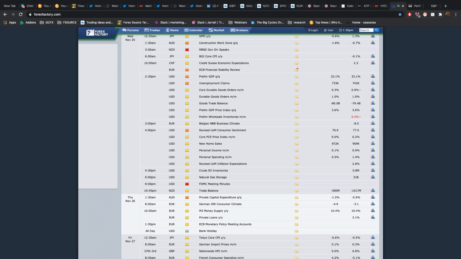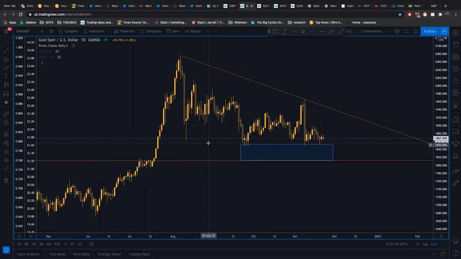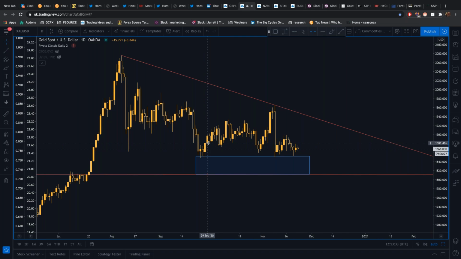The other thing to look at is a surprise win in the Senate for the Democrats. If the Democrats win the Senate and also have the House of Representatives, that would mean a bigger stimulus package and more upside in gold. Definitely one to look out for moving higher.